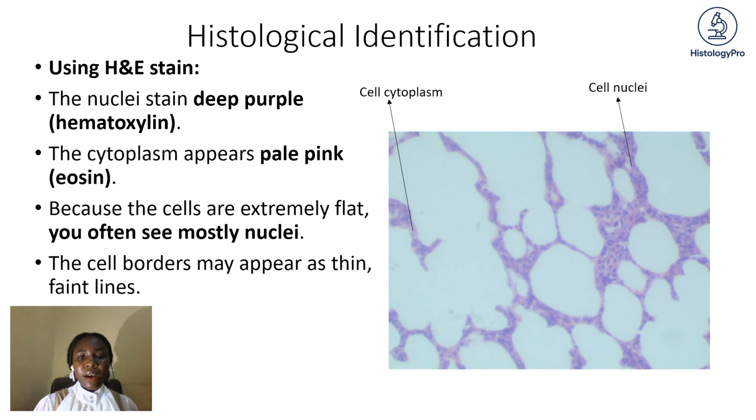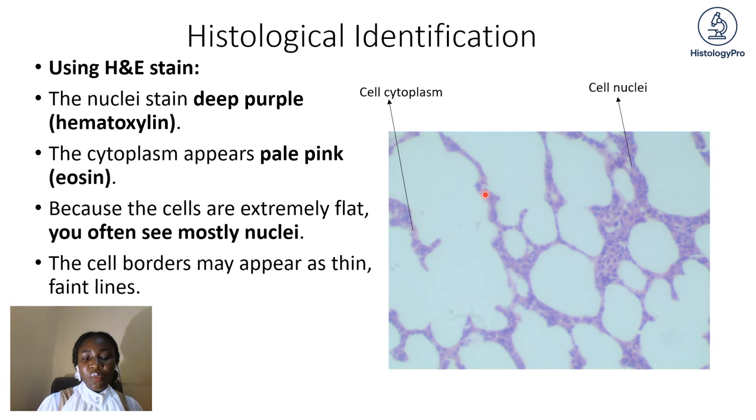Let's go deeper into how to identify simple squamous epithelium on slides using H and E stain, also known as hematoxylin and eosin stain. In hematoxylin stain, nuclei appear deep purple, and the cytoplasm appears pale pink.